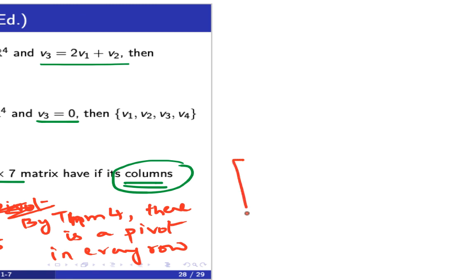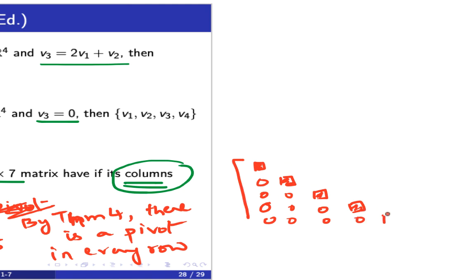I have a 5 by 7 matrix. So first row, first column, 4 zeros. Now, it's a pivot in every row according to Theorem 4. Then second row, 3 zeros. Third row, 2 zeros. Fourth row, and remember it's a 5 by 7, so I have 5 rows: 1, 2, 3, 4, 5.